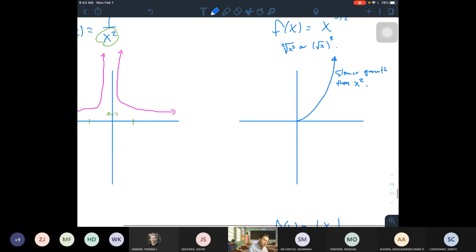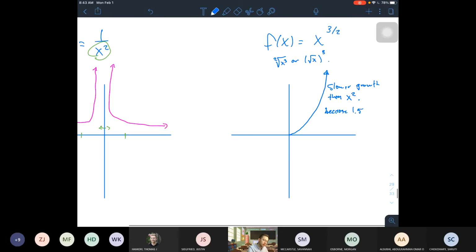It's because 1.5, in other words 3/2, is less than 2. When we take bigger powers of numbers, we usually get bigger numbers, as long as the number that we're taking a power of is larger than 1. So that's what that one's going to look like.